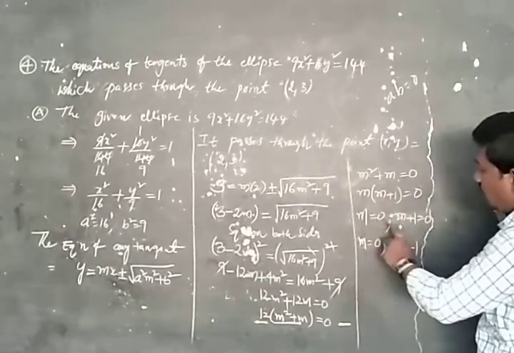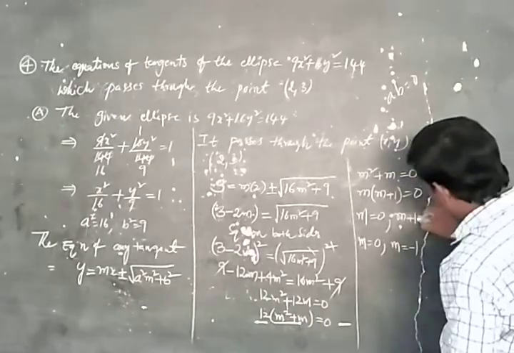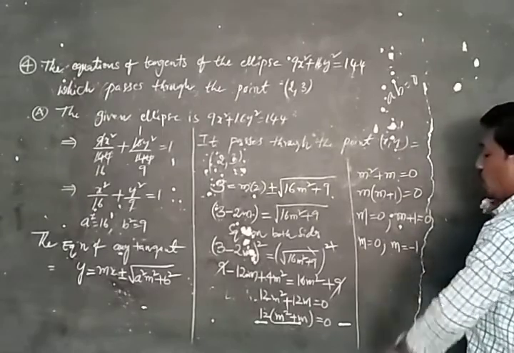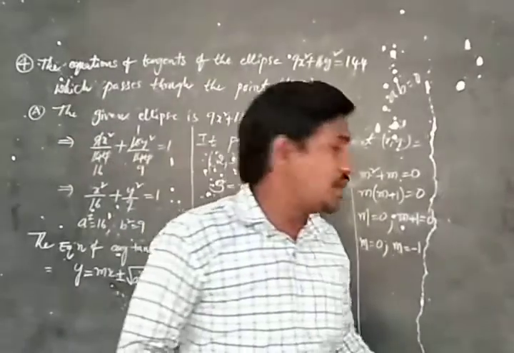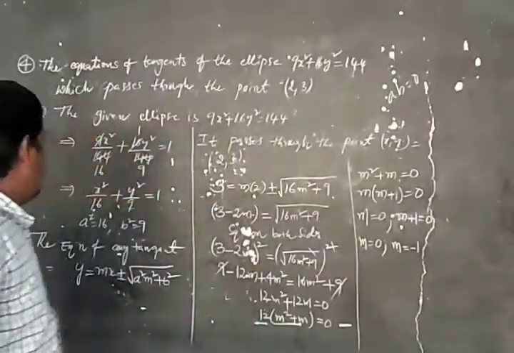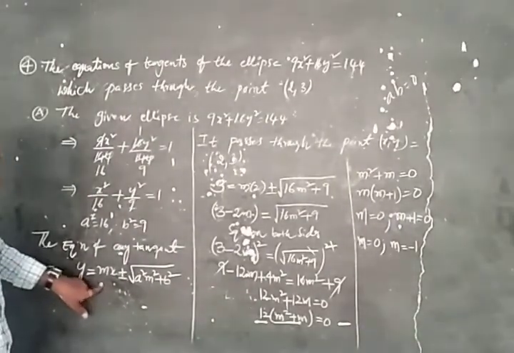M equal to 0, m plus 1 equal to 0, m equal to minus 1. So we got two values of m: m equal to 0 and m equal to minus 1. So we have to substitute. Where we have to substitute? In the equation of the tangent.